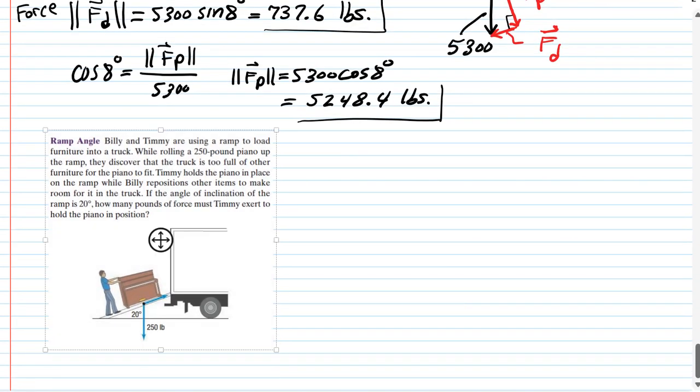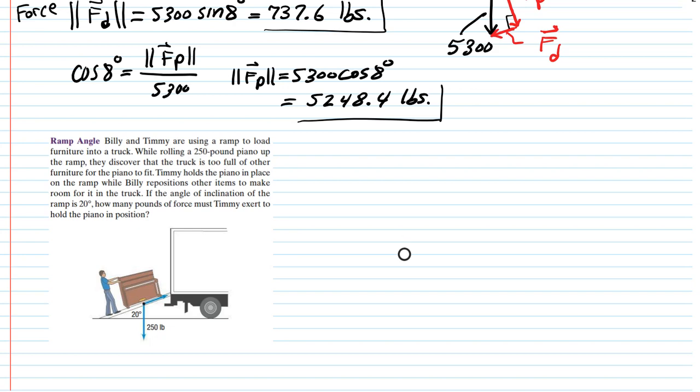Now for this next example, the question reads: Billy and Timmy are using a ramp to load furniture into a truck. While rolling a 250-pound piano up the ramp, they discovered that the truck is too full of other furniture for the piano to fit.